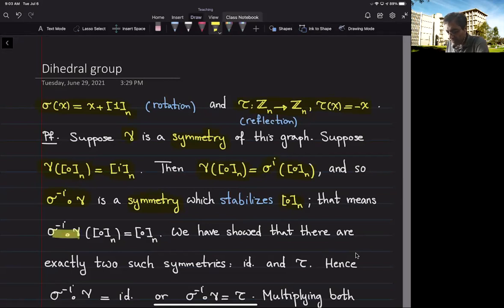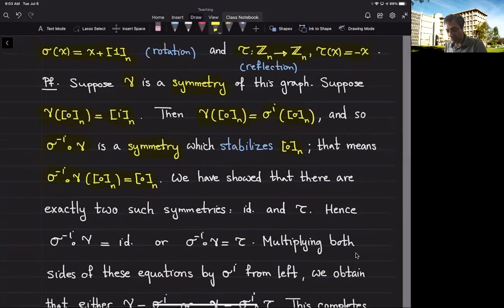We use the word stabilizes the point 0. So this symmetry fixes the point 0, but we described all such symmetries. If a symmetry fixes the point 0, then it is either identity or tau. Now again, we are interested in gamma.